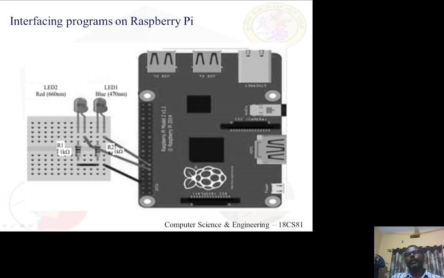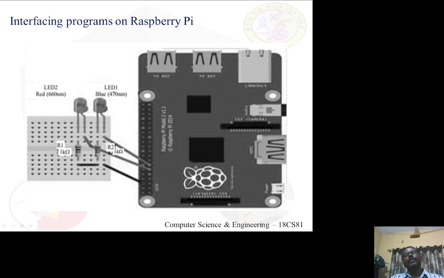I mean to say the Raspberry Pi computer will control these two LEDs by sending an output from the Raspberry Pi, but it's an input to the LED.